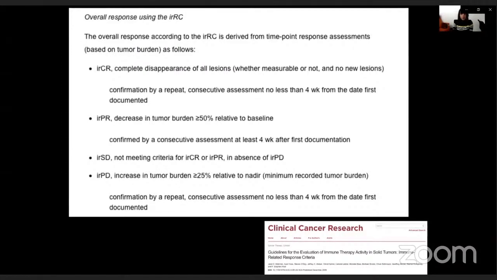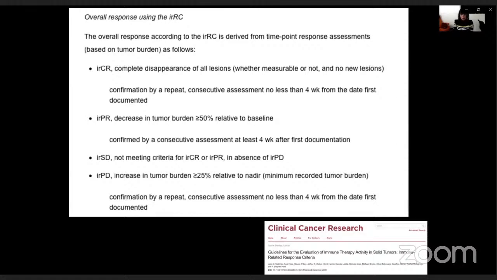So they defined 4 groups. And immune-related complete response was related to the complete disappearance of all lesions, whether measurable or not, and when no new lesions were there.